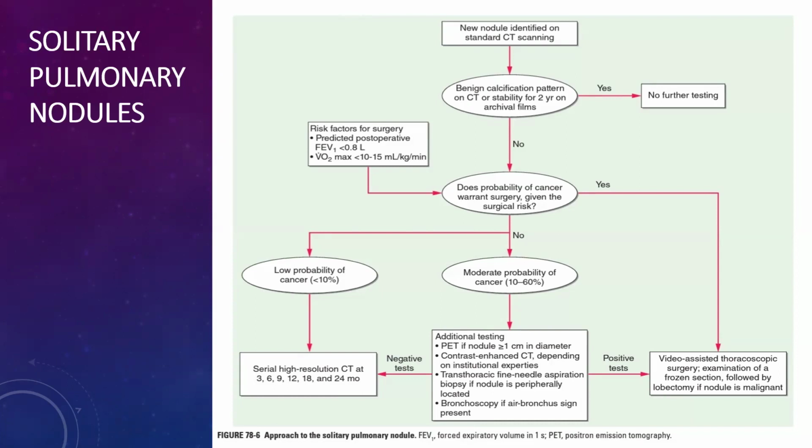Or if your patient is at high risk, you can proceed to a more invasive procedure such as VATS. With VATS, they can do a frozen section or histopath at the time of thoracoscopy. If the lesion is found to be malignant, then that patient is subjected to lobectomy, removal of the affected lobe. Again, if you do your testing and it turns out positive, then we subject the patient to surgery.